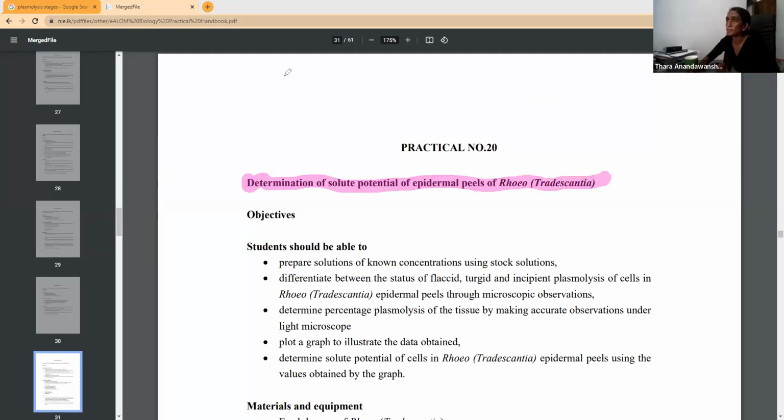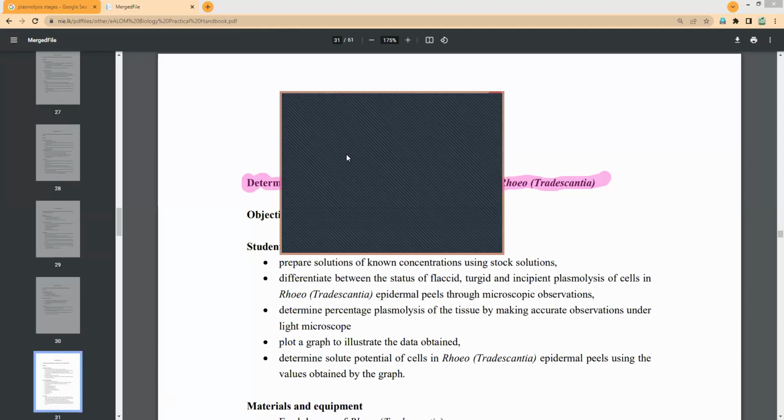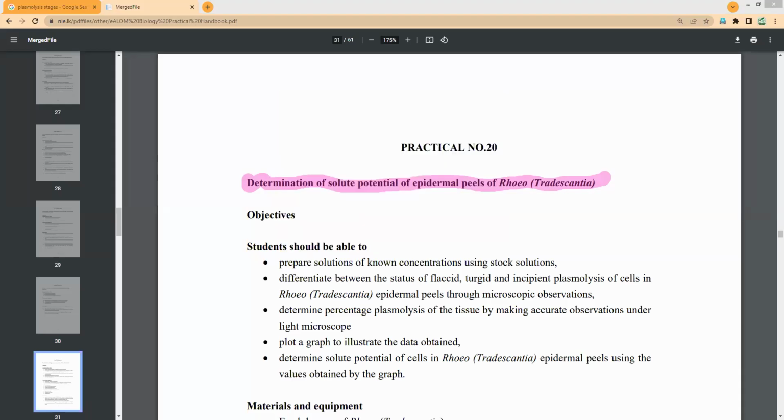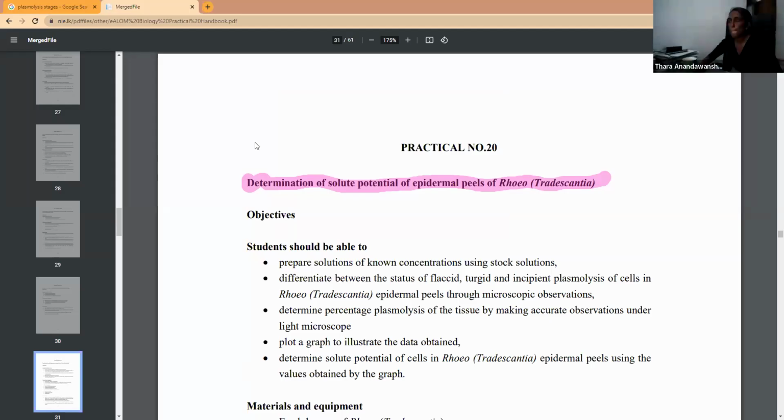You must underline that one. Done writing?